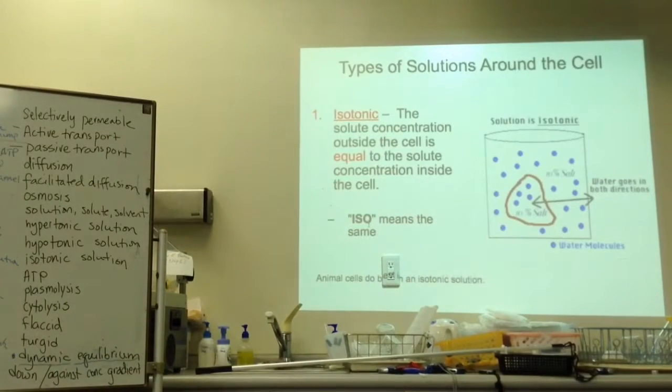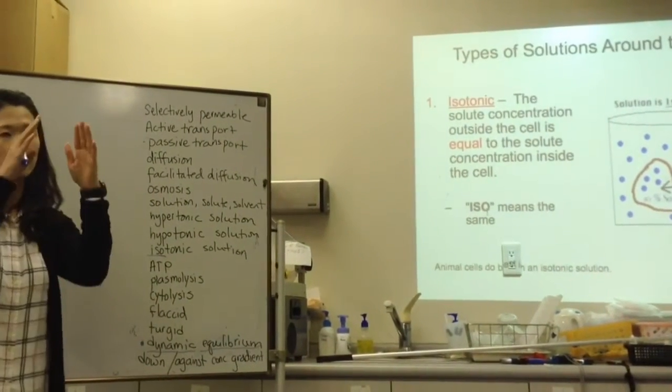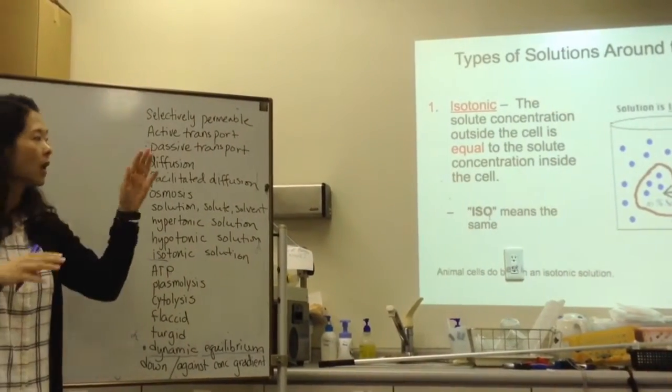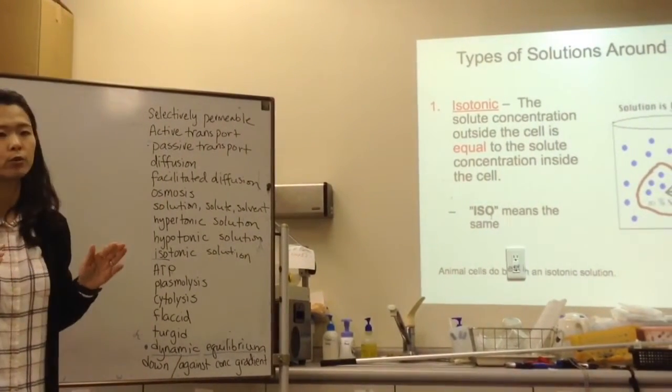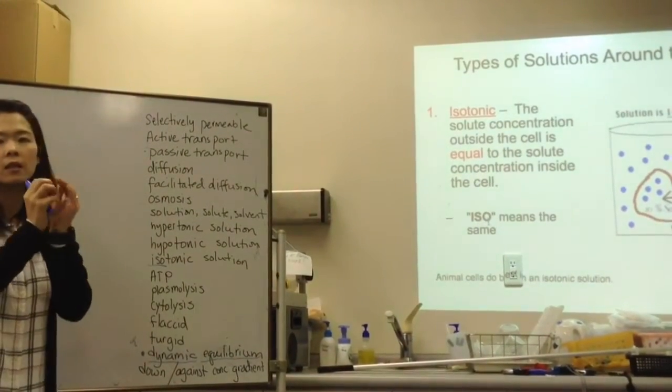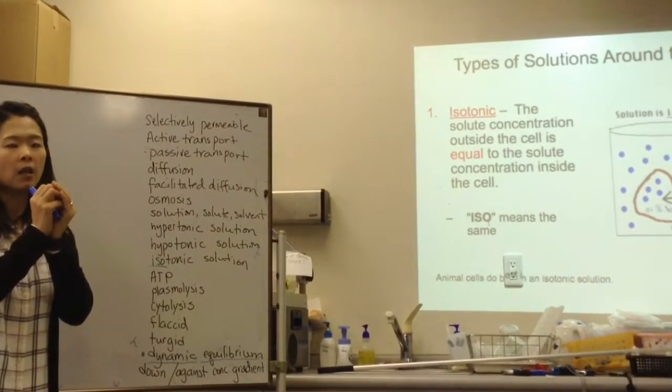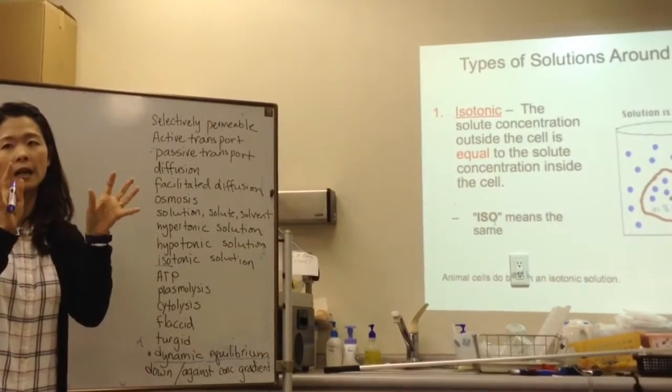Now let's talk about the types of solution. There are three types: hyper, hypo, and iso. Iso means same, like an isosceles triangle has two same sides. So the concentration of solution in the cell is the same as the concentration of solution outside the cell.